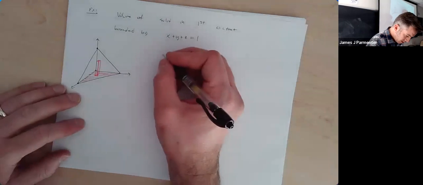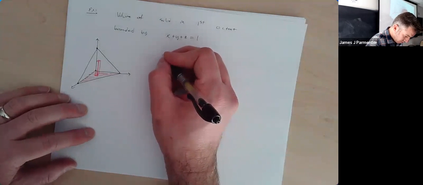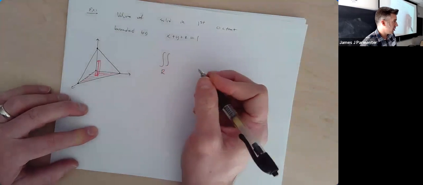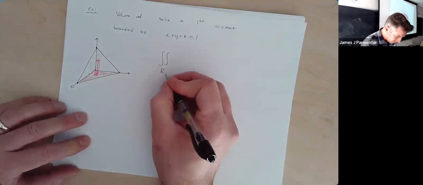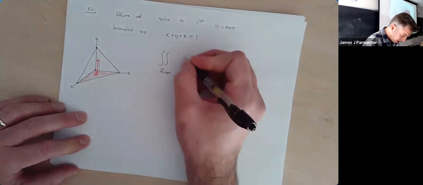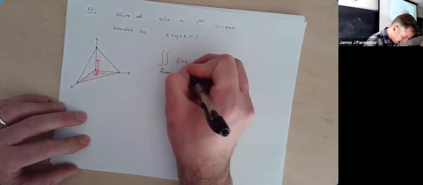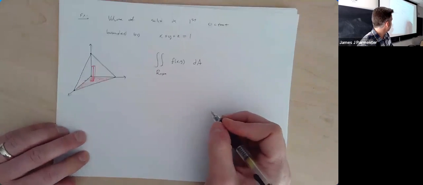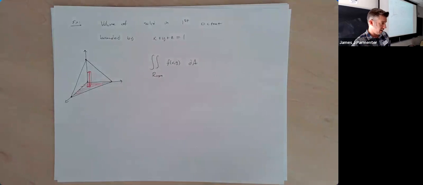So we have to do the double integral over the region, which we typically call R. Some people write region if you wanted to, of your function of x and y dA. People write dA when they want to say we're integrating over this area, but we're not sure if we're doing dx dy or dy dx yet.